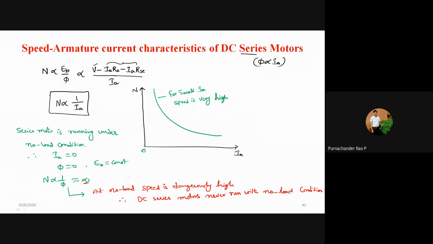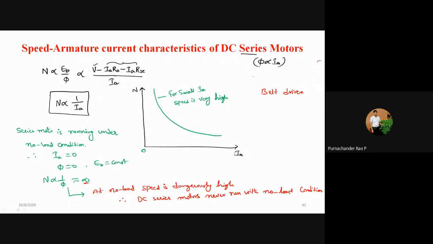If you see belt driven drives, motors or drives in belt driven applications, your series motors will not be used.